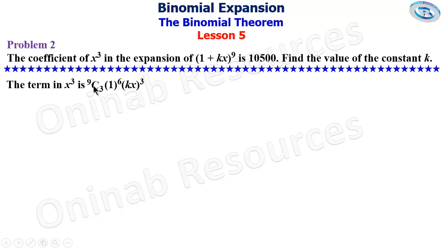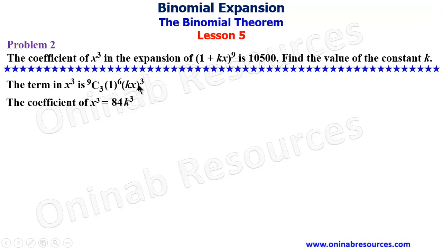So this is it. Therefore, we can just get our coefficient of x cubed, which is going to be the numerical part here. That's going to give us 9 combination 3, which is 84. Then k raised to power 3. Since this is x raised to power 3, we are only interested in the numerical part there.